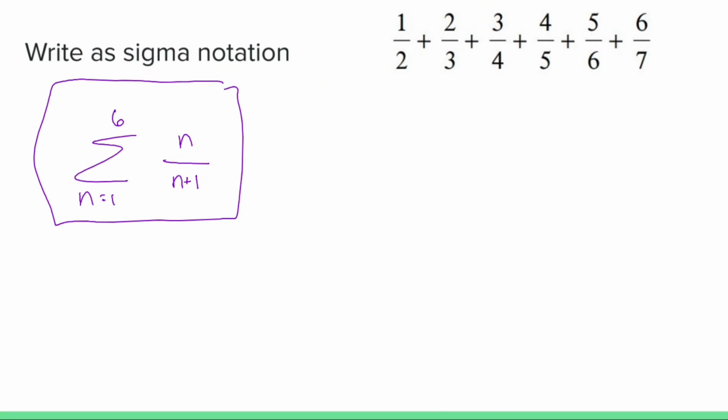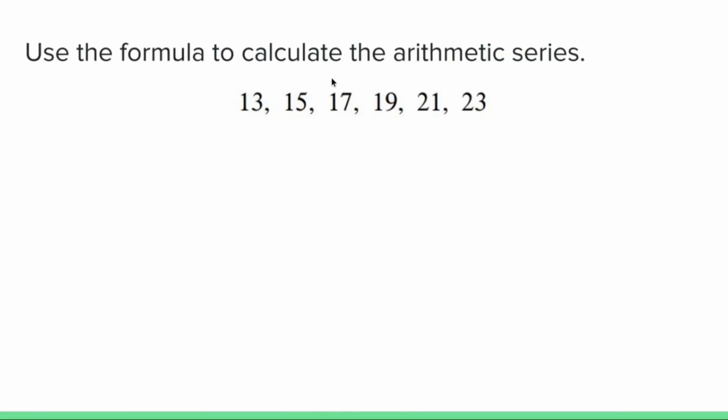Not so bad. Use the formula to calculate the arithmetic series. Well, the arithmetic series formula is S sub n equals n times the first term a sub 1 plus the nth term a sub n, all divided by 2. And I have enough information where I can plug stuff in.